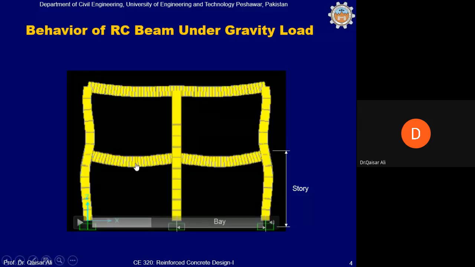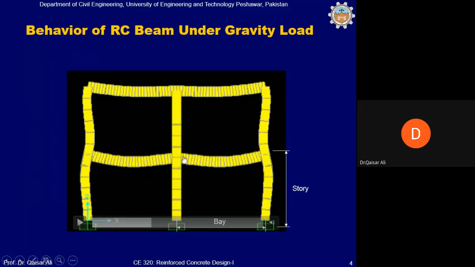And then when we move towards the columns, which are support for the beam, the tensile stresses direction changes. The elongation which was happening in the bottom fibers at the center of the beam changes as we start moving towards the support or the column.